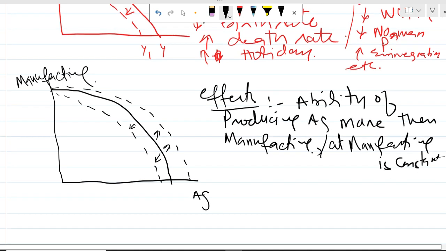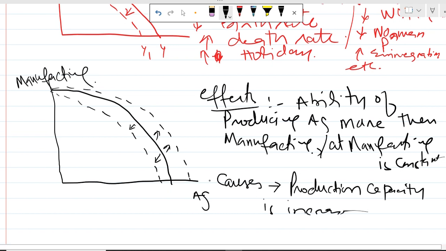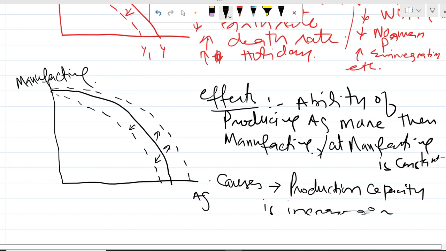Causes: the production capacity of agriculture has increased. What are the causes? Production capacity increases or decreases due to efficient resources.